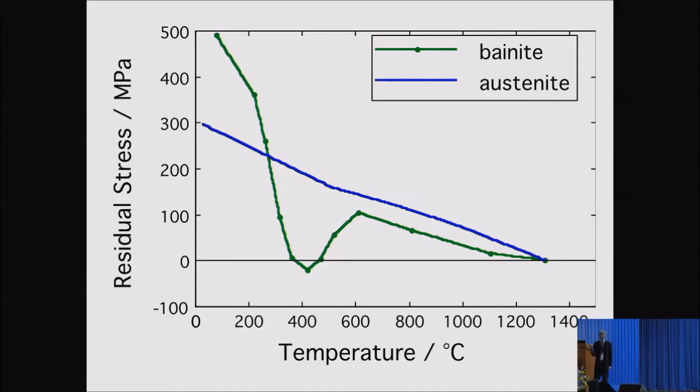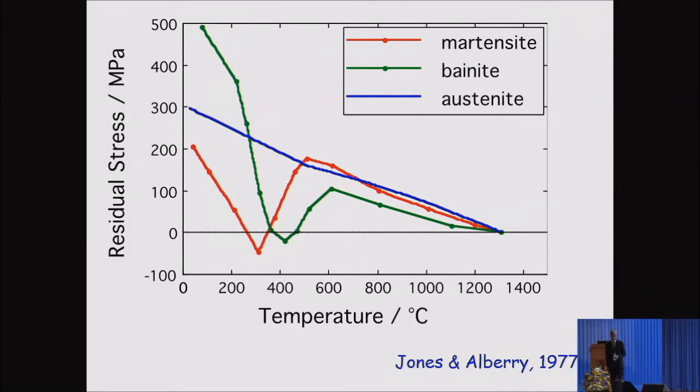So we've got to control the temperature at which transformation happens so that it is not completed by the time we reach room temperature. This is the third experiment that Olbrey and Jones did, where instead of bainite, you're getting martensite, which is forming at a lower temperature, and therefore we've reduced the amount of residual stress at room temperature.